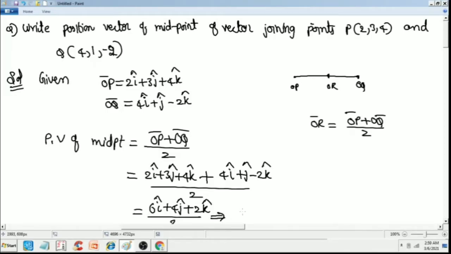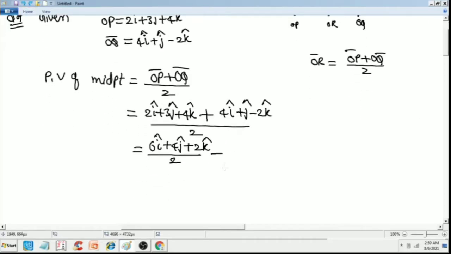From here we can write it as 6 by 2 is 3i bar, 4 by 2 is 2j bar, 2 by 2 is 1k bar. Hence this is the required solution.